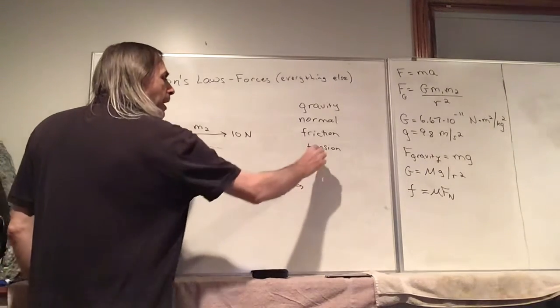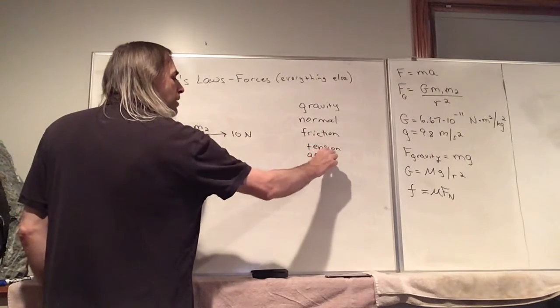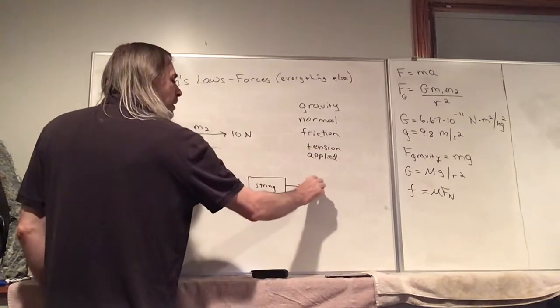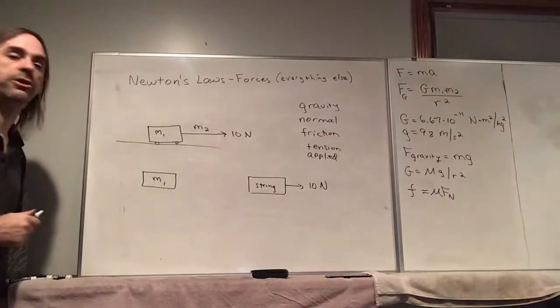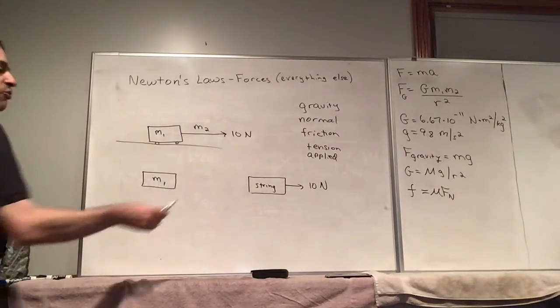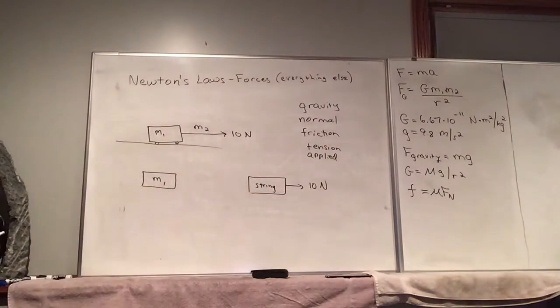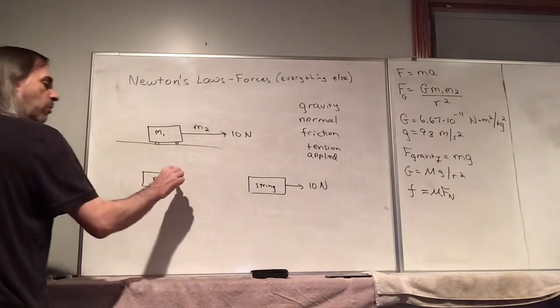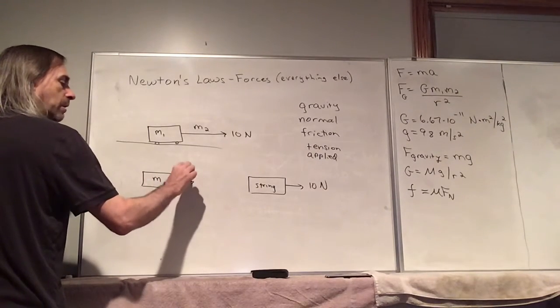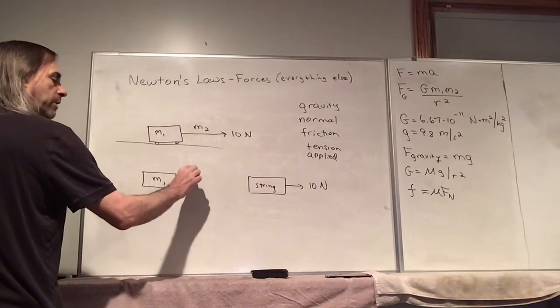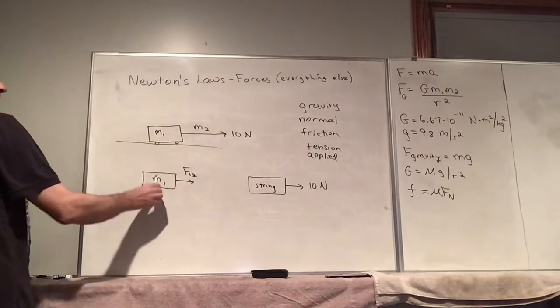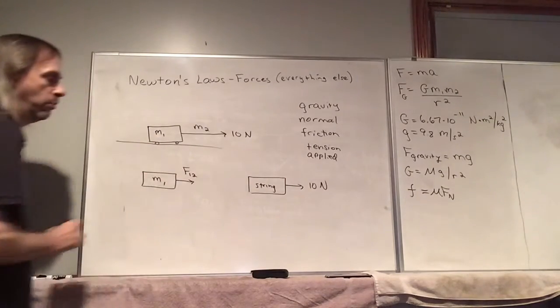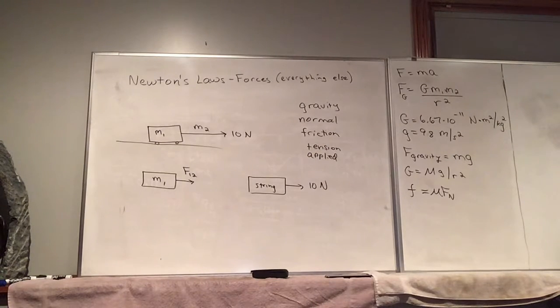And so again, applied force. That's just a general term. So we exert a 10 Newton force on the string. And the string is going to exert a force on this mass. But we don't know right now what that is. So let's call this F12. So like the force on mass 1 due to mass 2.